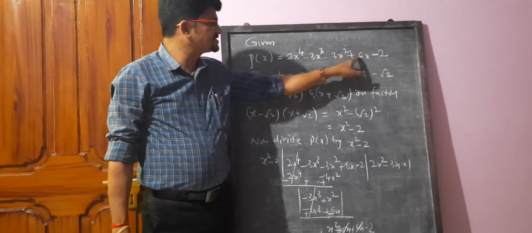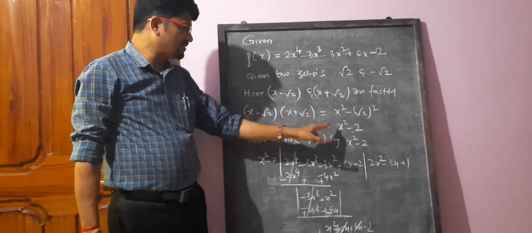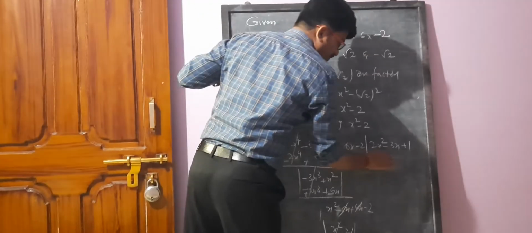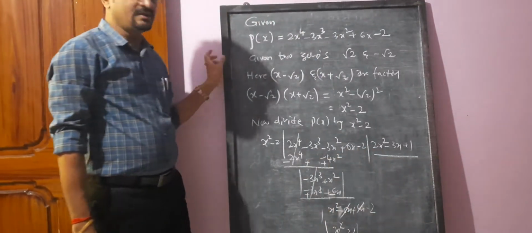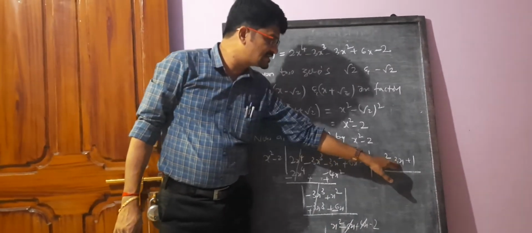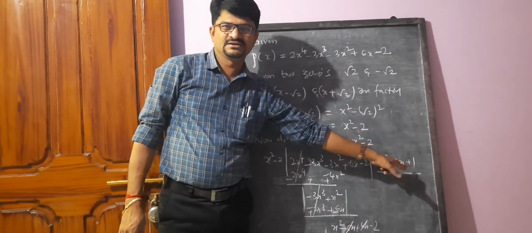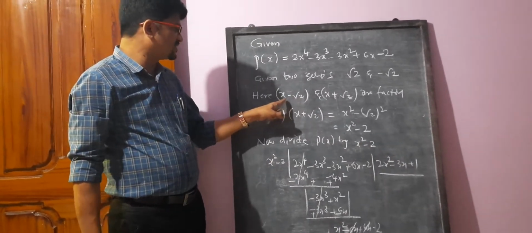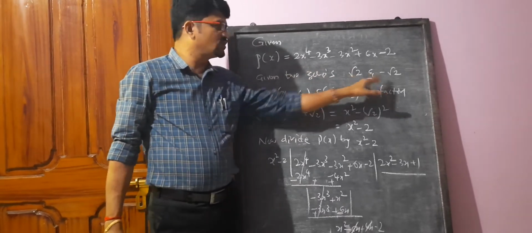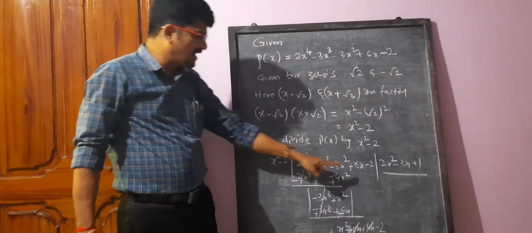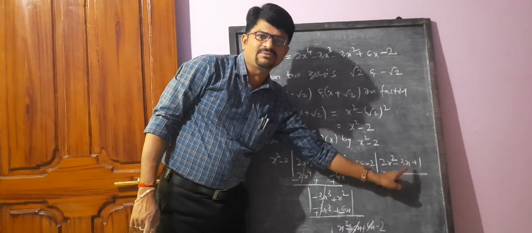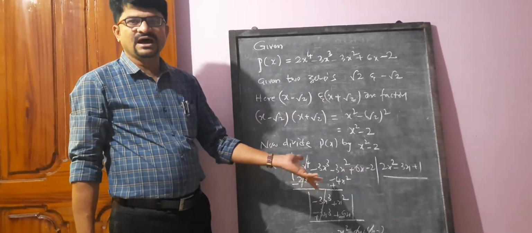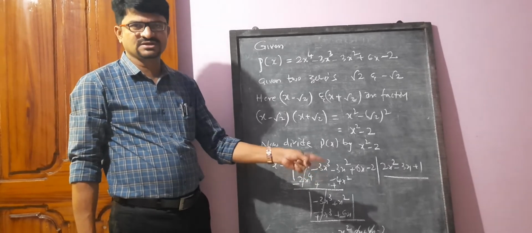Is it clear? Now we got a quadratic polynomial, 2x square minus 3x plus 1. Already we know two zeros, plus root 2 and minus root 2. If we find the zeros of this quadratic polynomial by splitting the middle term, we can get the remaining two zeros. Clear?